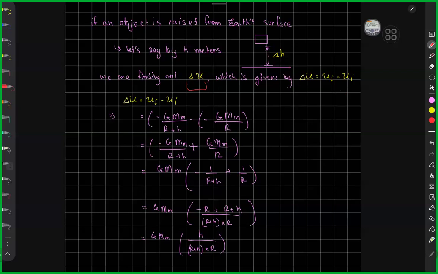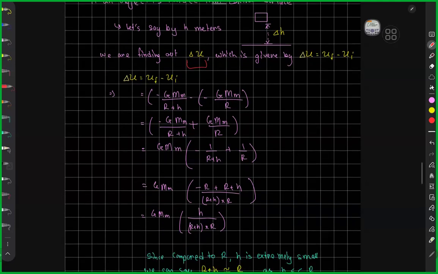And then minus the initial gravitational potential energy, which is again minus GMm by R. Now you open the brackets and you see that what I have is minus GMm by (R plus h) plus GMm by R.